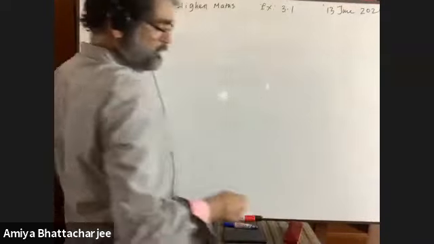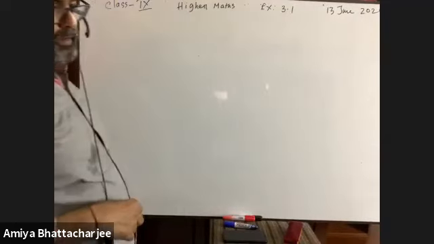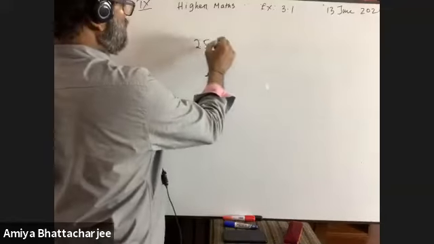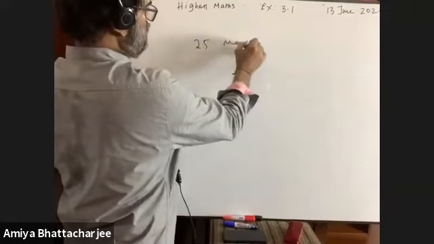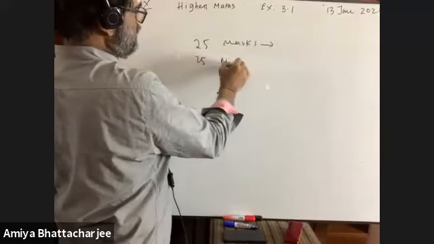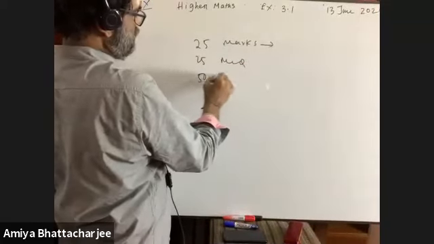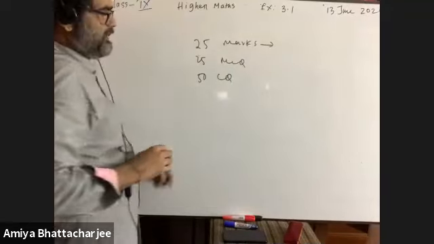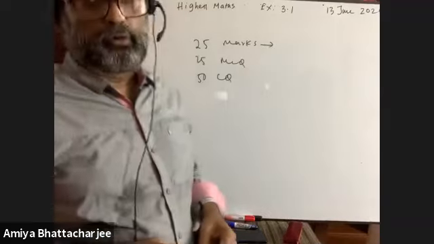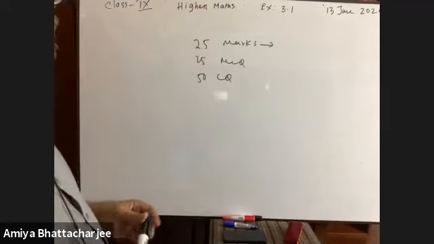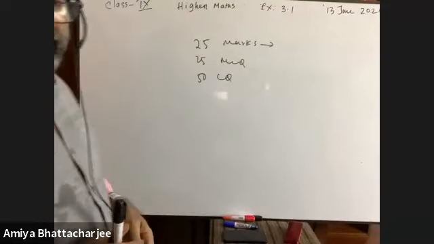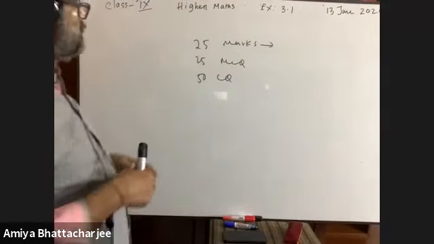The total marks in higher mathematics is 100 marks: 25 marks practical, 25 marks MCQ, and 50 CQ. As we didn't take any practical examination, we'll give you 25 marks on practical based on your attendance.